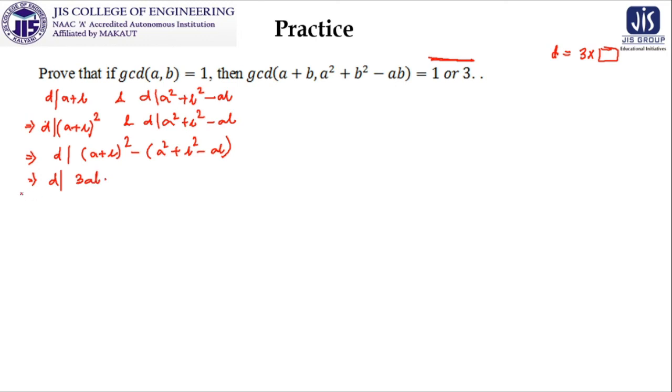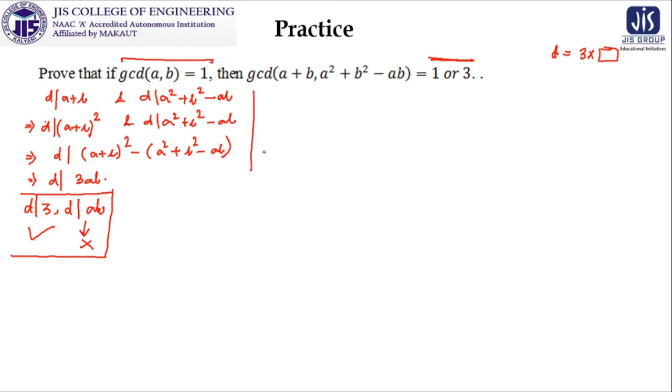If d divides 3ab, it is your internal calculation that either d will divide 3 or d will divide ab. But we need d to divide 3, so we will show that d does not divide ab, then we can claim our d divides 3 will be justified. So how will we prove this? We will use this condition now.